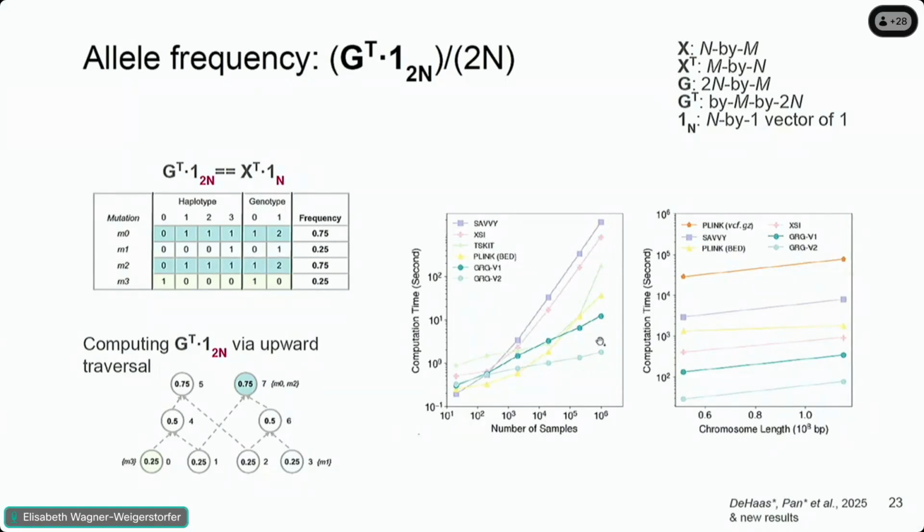And we can see this dot product calculation for allele frequency is the fastest. It's about 10 to 100 times faster than these alternatives. This second panel is the application to 2 different chromosomes for the UK Biobank, and we see a similar trend.